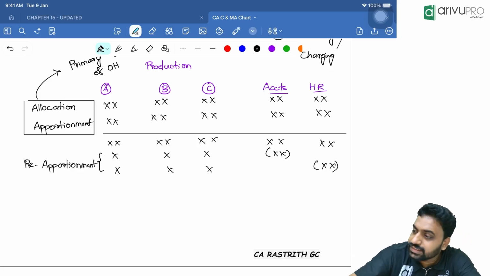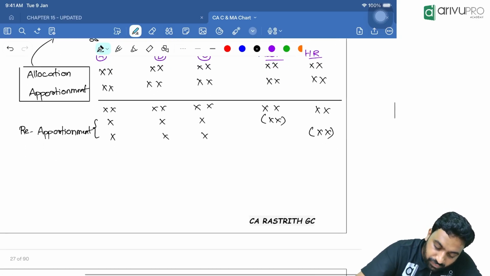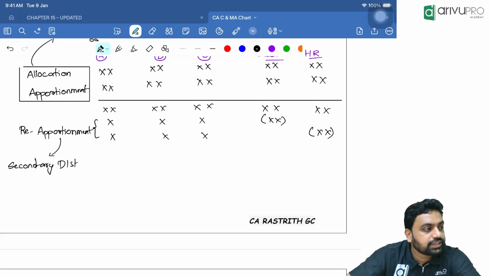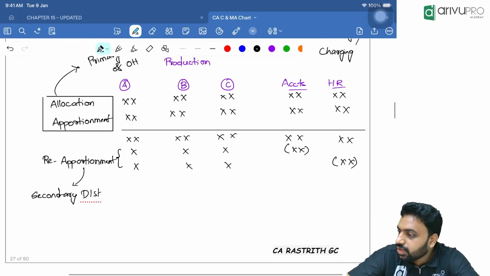What do we call it? Reapportionment. We also call it secondary distribution. What do you call it? Secondary distribution. Got it?